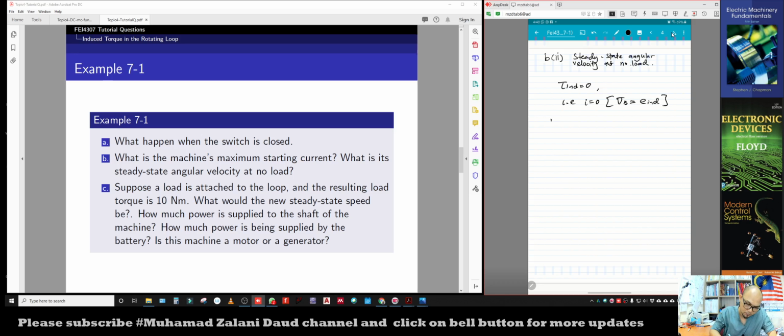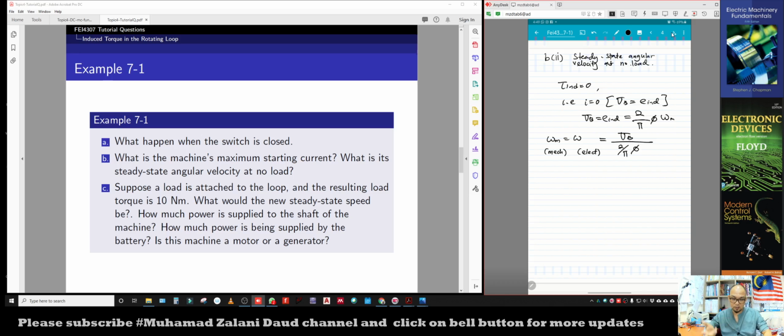So V_B equals E_in, which from the formula equals (2/π)φω. Here ω mechanical is the same as ω electrical. So ω is V_B divided by (2/π)φ.